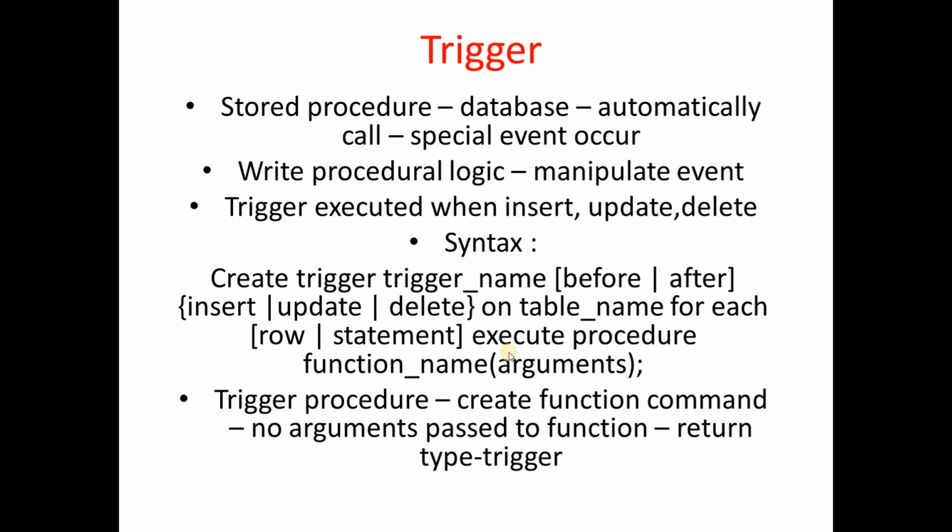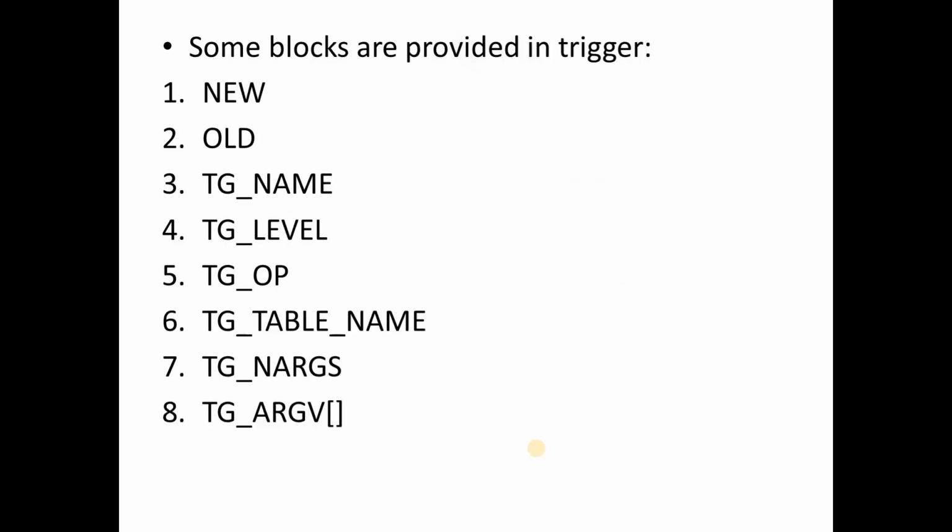These stored functions are written using the CREATE FUNCTION command, and for the function written for your trigger you cannot pass any arguments, and the return type of that particular stored procedure is fixed, which is trigger.